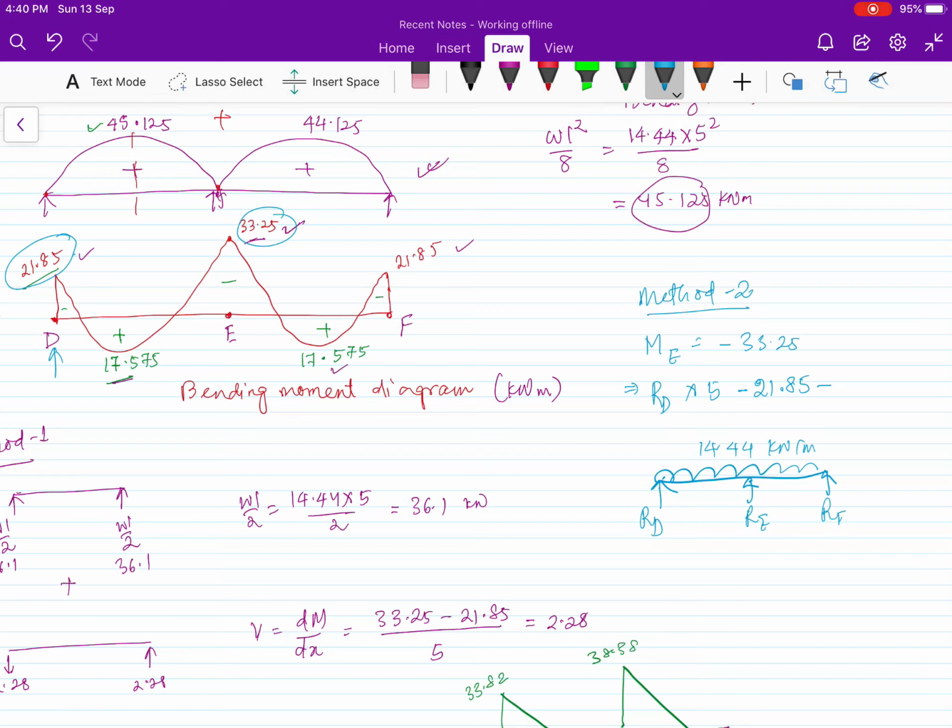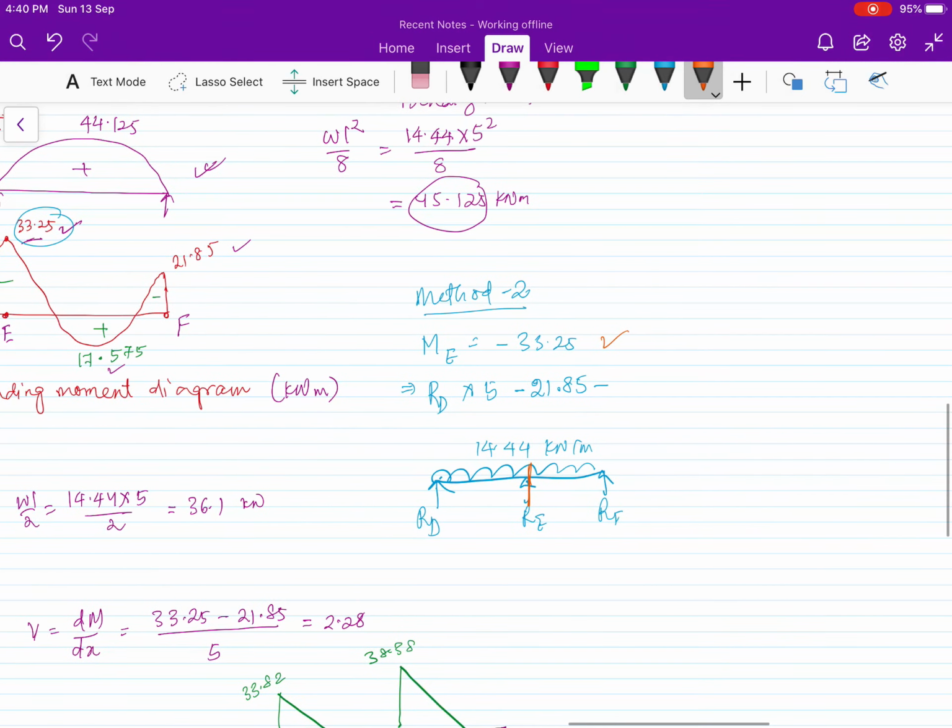I am taking moment at E because we know moment at E is minus 33.25. So RD into this distance 5 meter, and we already know that moment at D is 21.85 minus the UDL 14.44 into the 5, the span, into the CG distance 5 by 2. So 5 square by 2 is equal to minus 33.25.